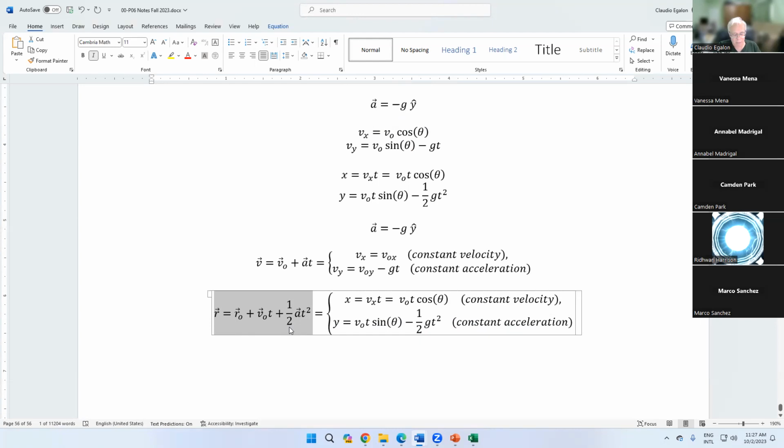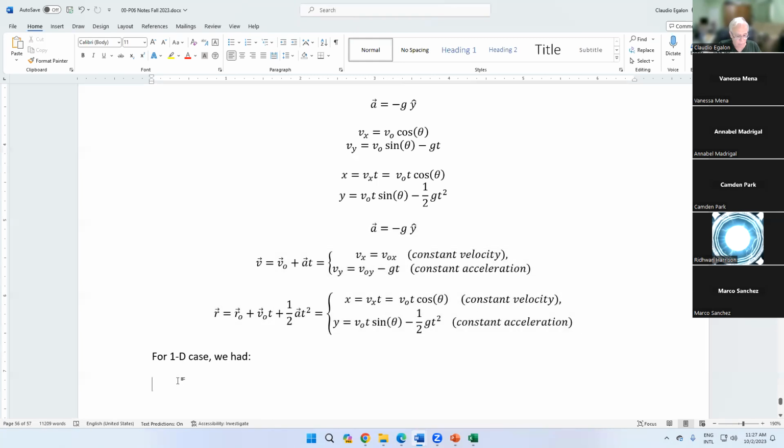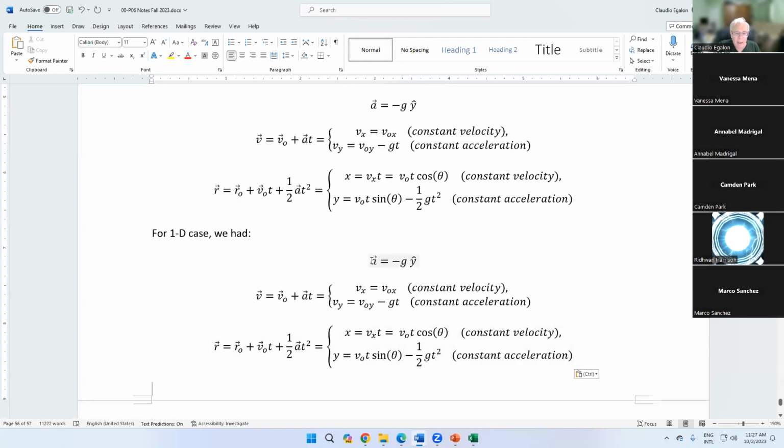Compare that with what we saw for the one-dimensional case, right? For the 1D case, we had exactly the same thing. It just happened that it was not a vector, right? A equals minus g, right?